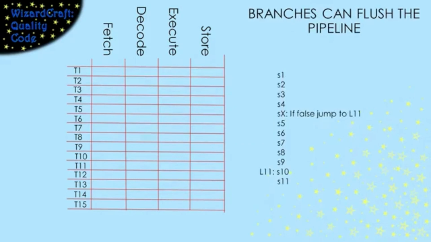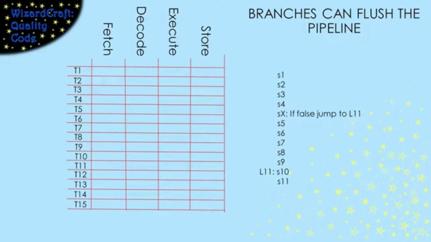But now, let's look at what happens if we have a conditional jump or branch instruction. This code is just a series of statements. I don't really care what they are, except that statement X is a conditional jump. Let's look at what happens at that conditional jump.